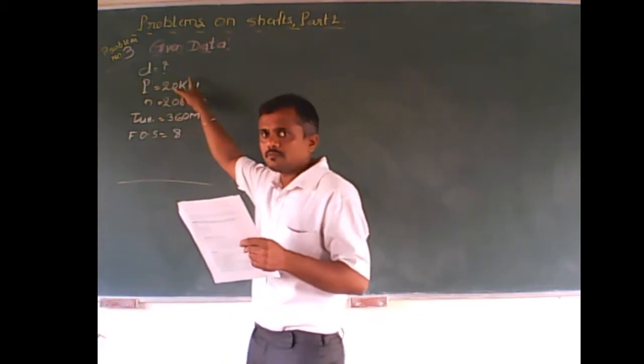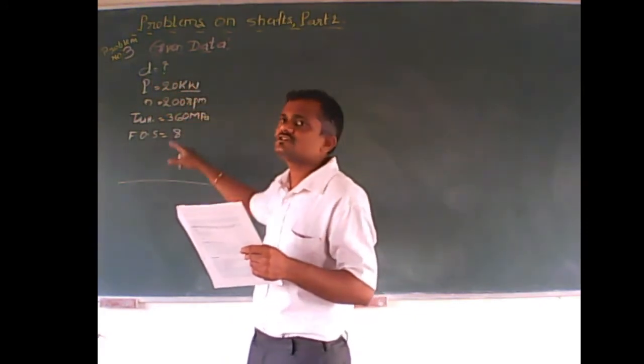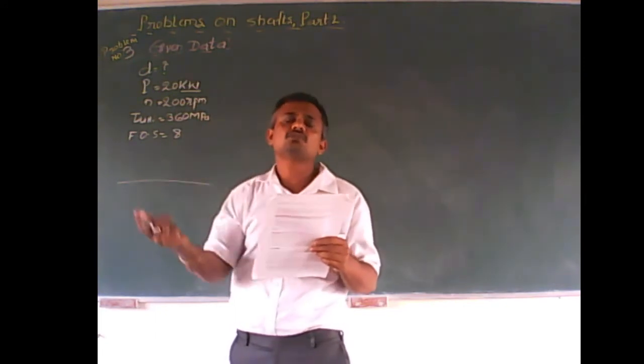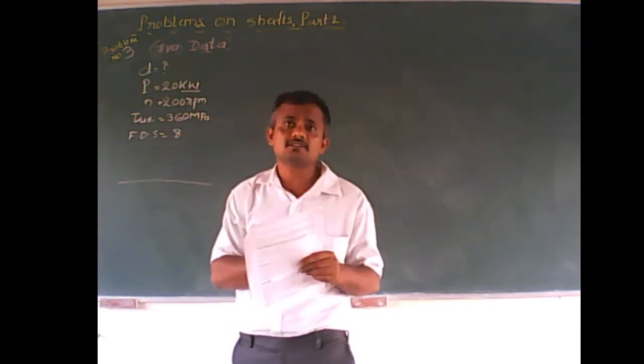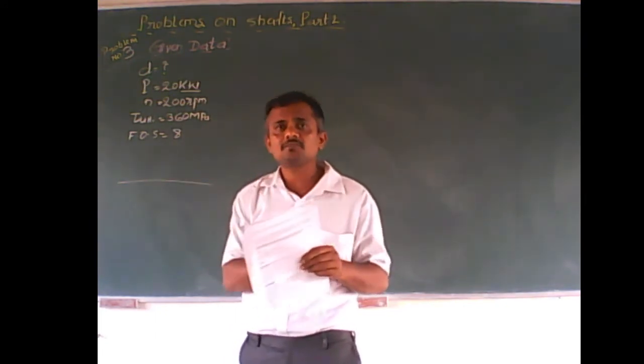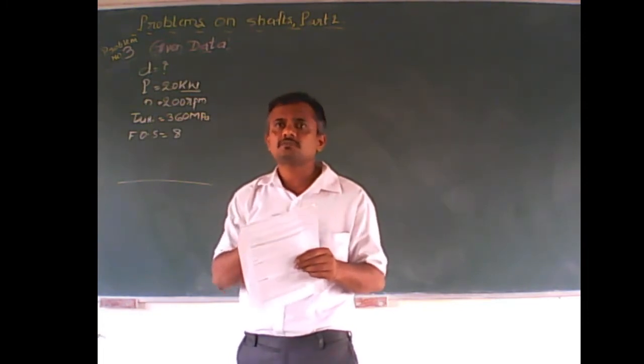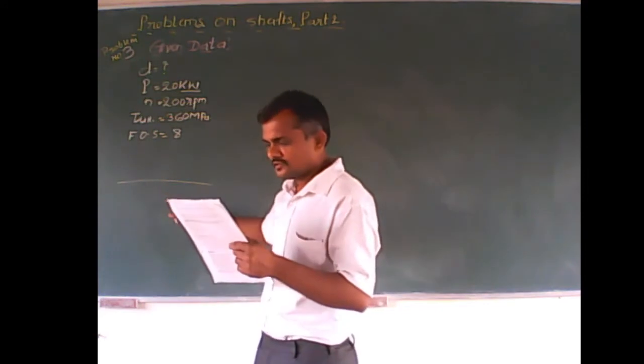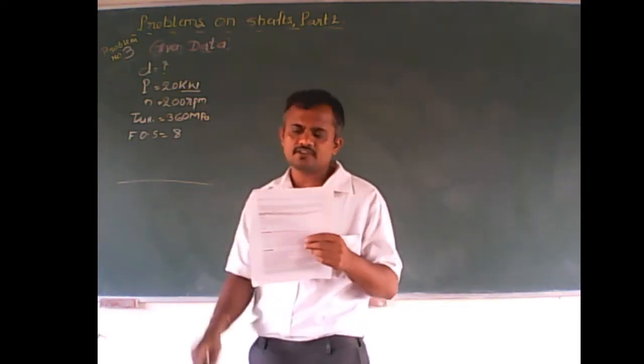Suppose with the help of the same parameters, instead of using a solid shaft, you want to use a hollow shaft, then what would be the size? What should be the exact diameter which you have to select for transmitting the power? Understood what I am saying? So next, he says if a hollow shaft is used.